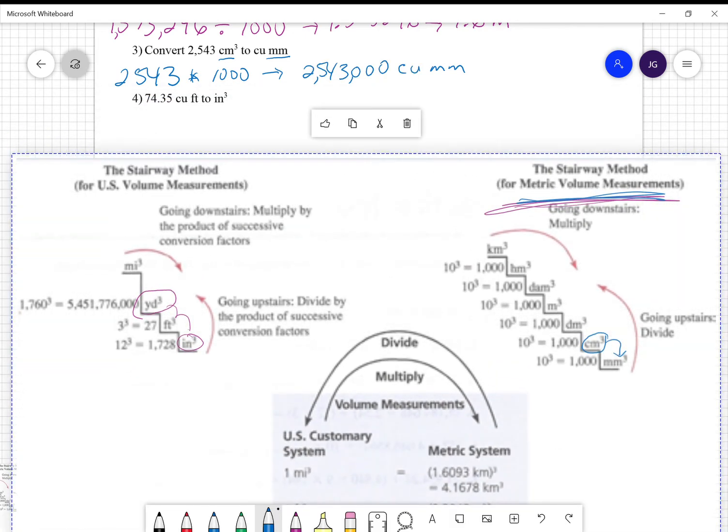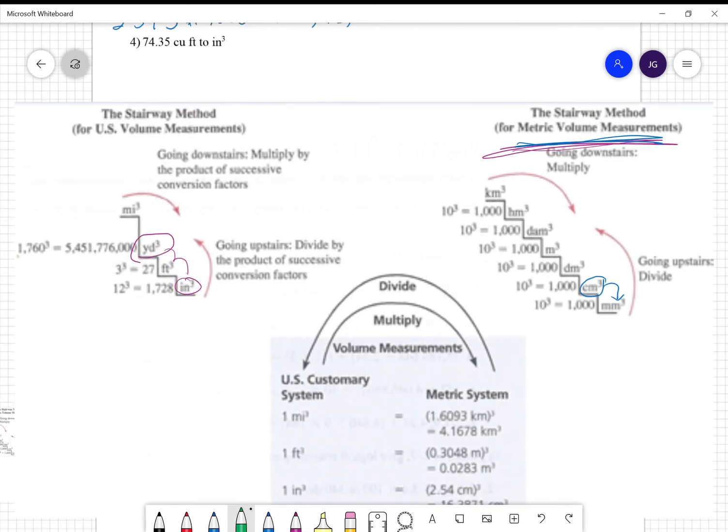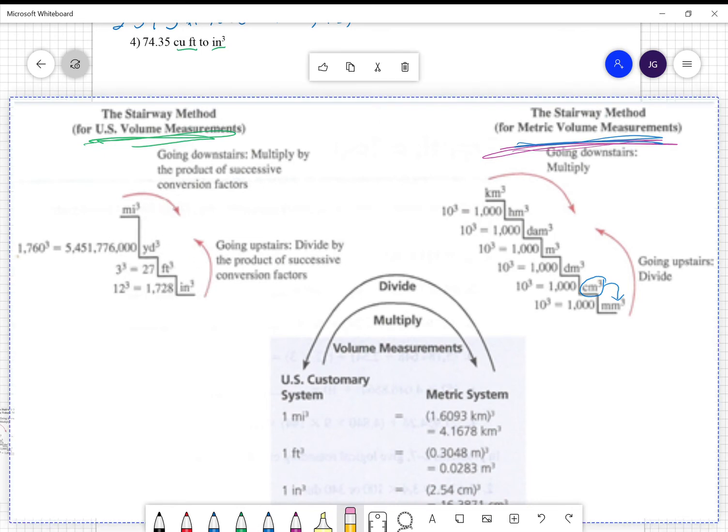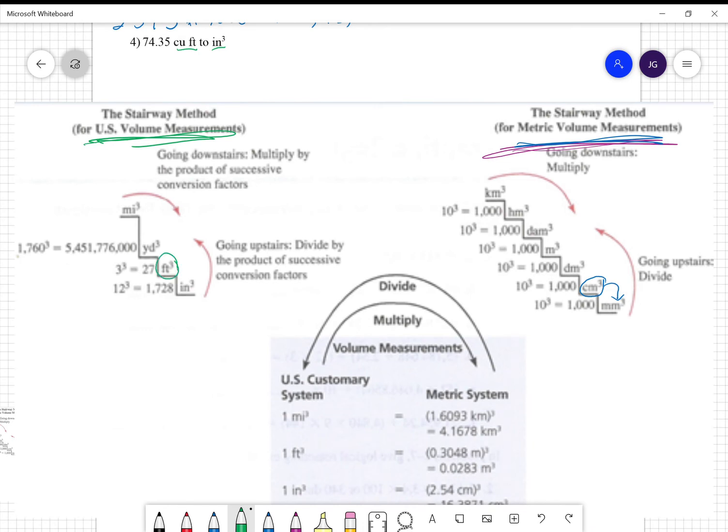Next example, I want to take 74.35 cubic feet and convert it to cubic inches. Okay, cubic feet and cubic inches are US measurements. So I'm going to use this table, this stairway, instead of the metric one. I'm starting at cubic feet. I want to go to cubic inches, which is one step below.